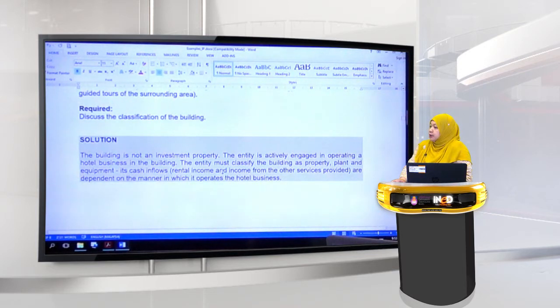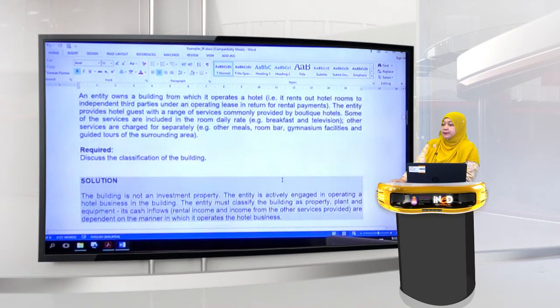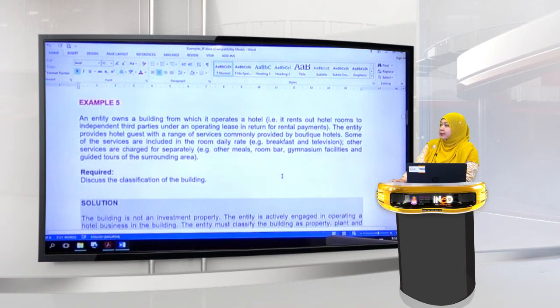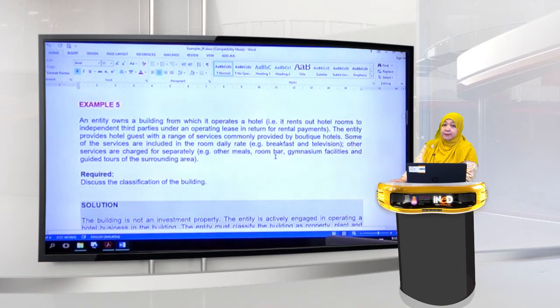Therefore, these ancillary expenses, even though significant, should not lead to the building being treated as an investment property. So it is considered a day-to-day activity. So we will classify this particular building in example 5 as a PPE that falls under MFRS 116.